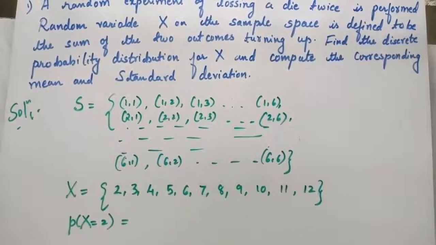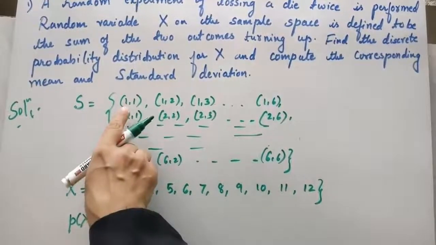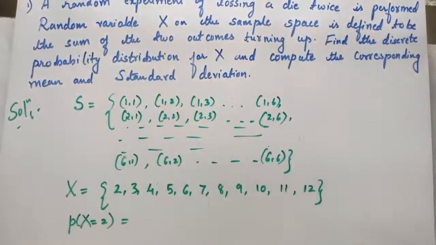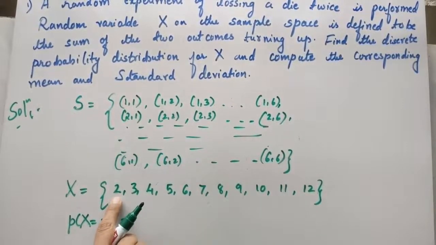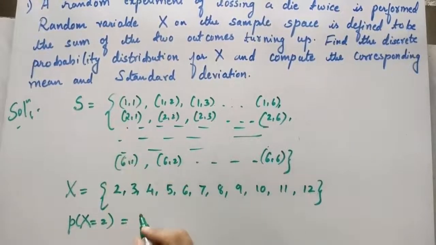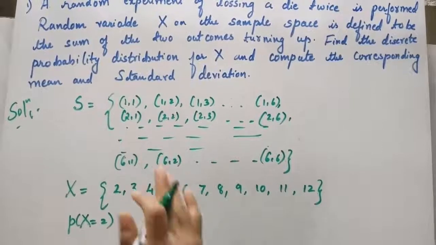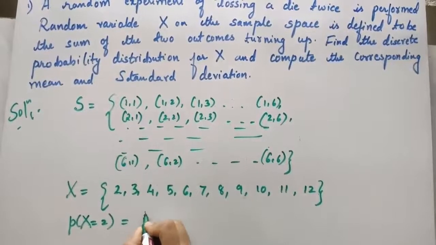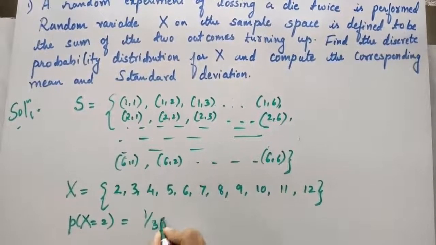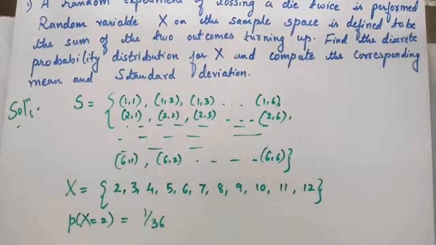There is only one single possibility which gives that. Out of 36 possibilities, you have only one which gives you the random variable value 2, that is (1,1). So out of 36, only 1 is giving you that. So 1 by 36 is the probability of getting X equal to 2.